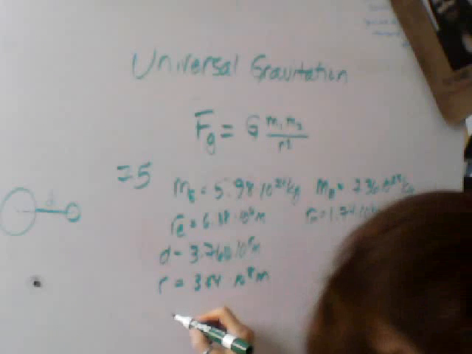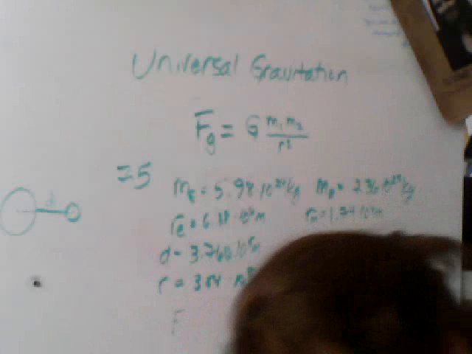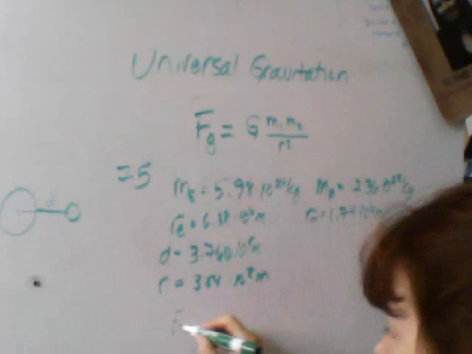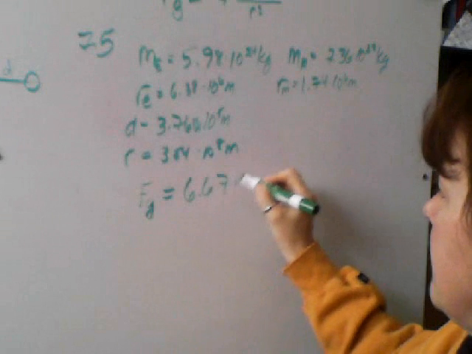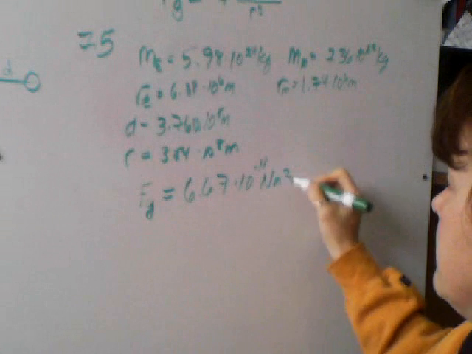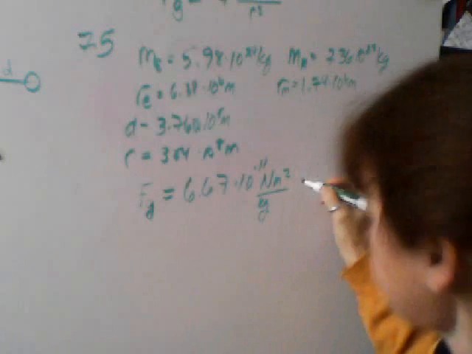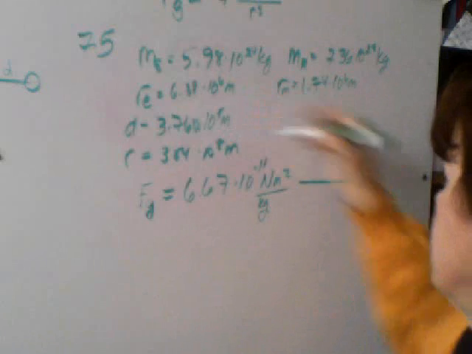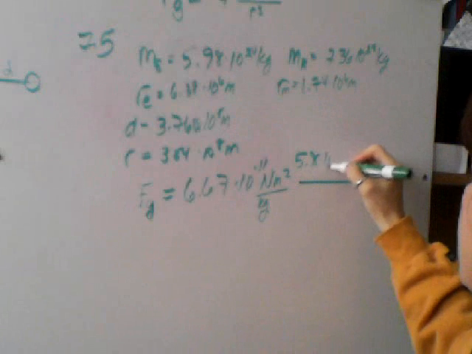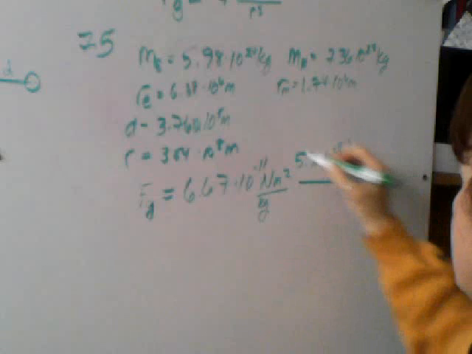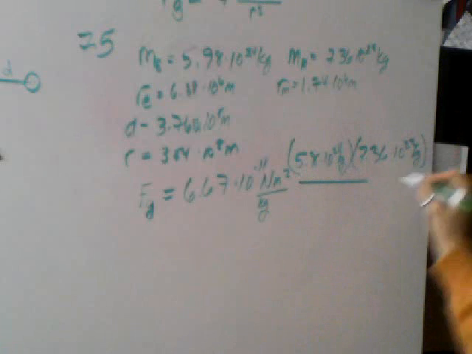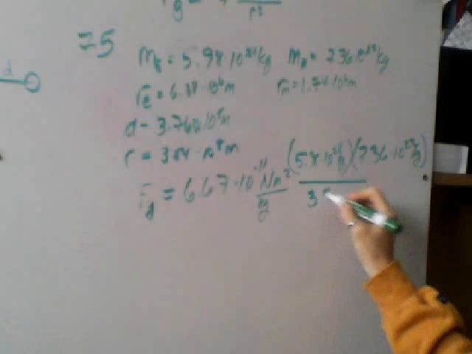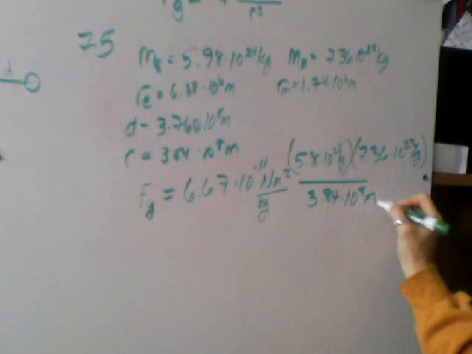We know that we're trying to calculate the force of gravity, and we know that big G is 6.67 times 10 to the negative 11 newton meters squared per kilogram squared, times the mass of the Earth, times the mass of the moon, divided by the radius that we calculated, 3.84 times 10 to the 8th meters, squared.